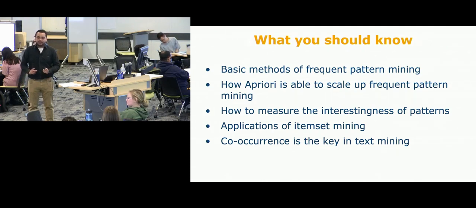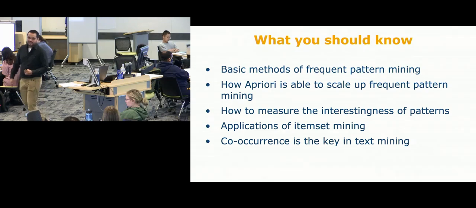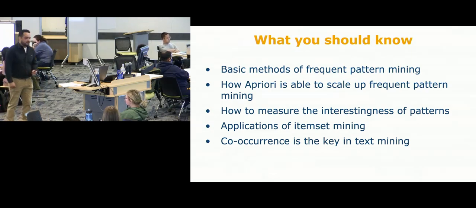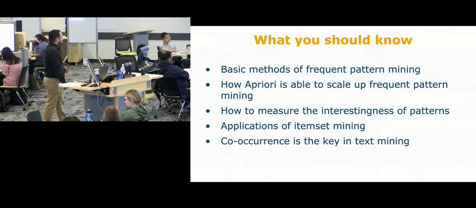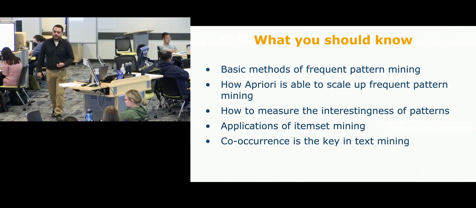Okay. So what you should know: the basic methods of frequent pattern mining. So far we've only looked at patterns. We will look at similarities in the next few slides. And how Apriori is able to scale up frequent pattern mining, how to measure interestingness, applications of item set mining, and co-occurrence is the key in text mining. Okay.